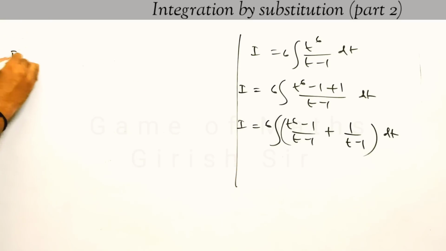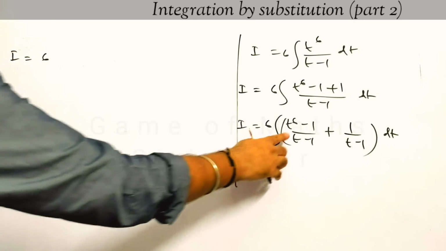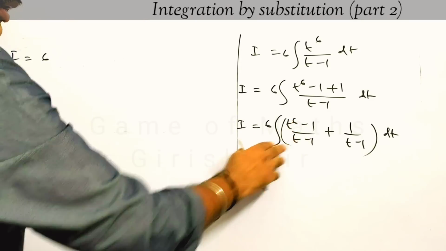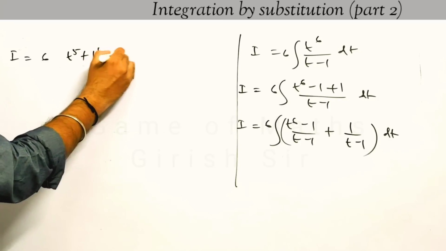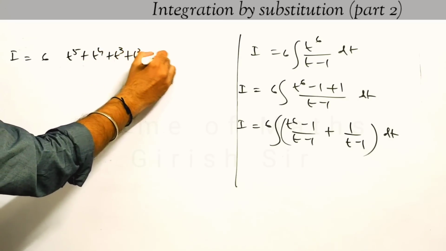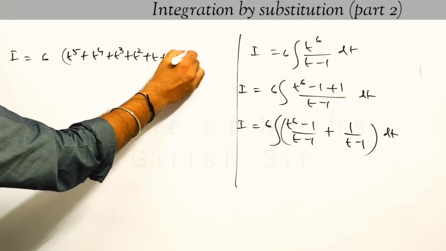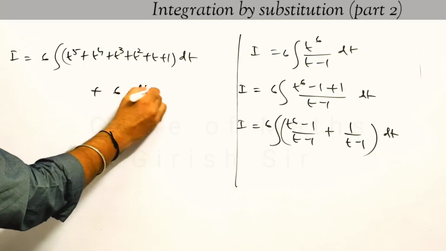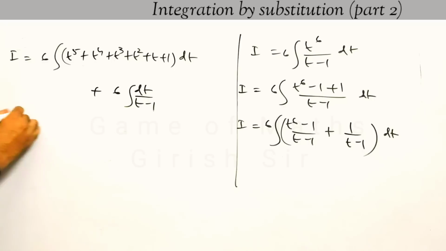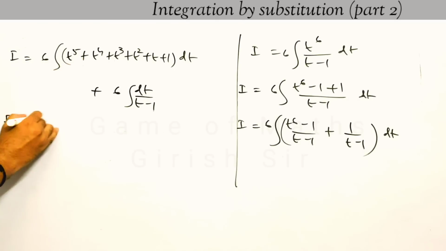Now t to the power 6 minus 1 divided by t minus 1 is this, this is your first integral, while the second integral is this. You can easily integrate.